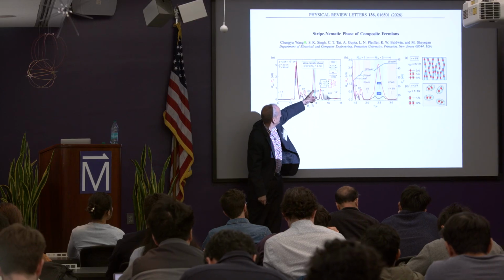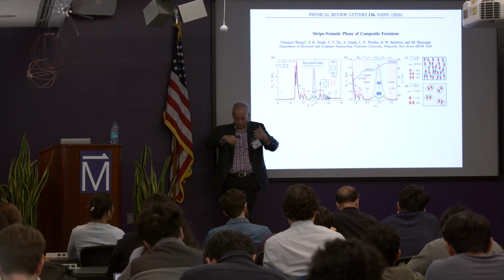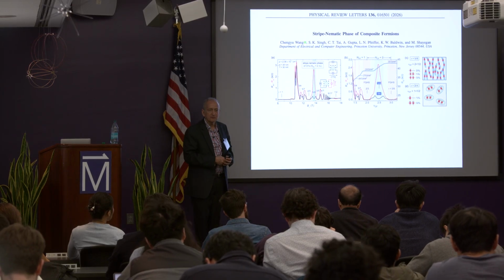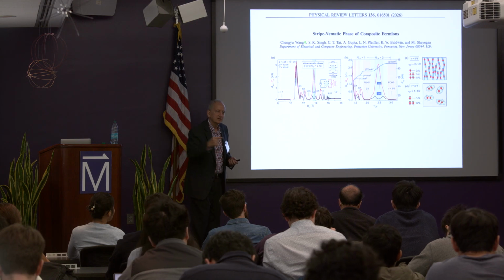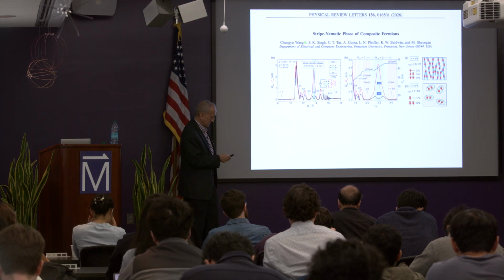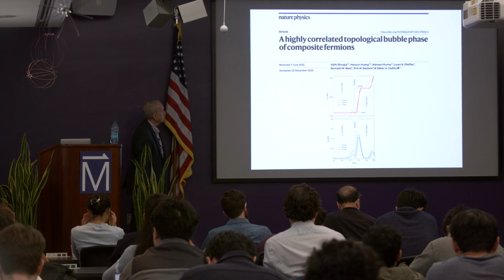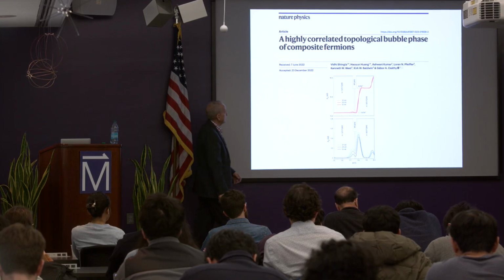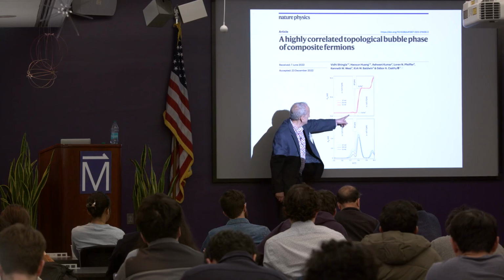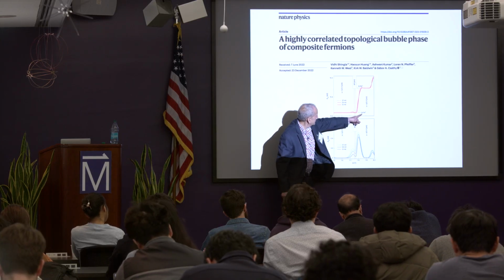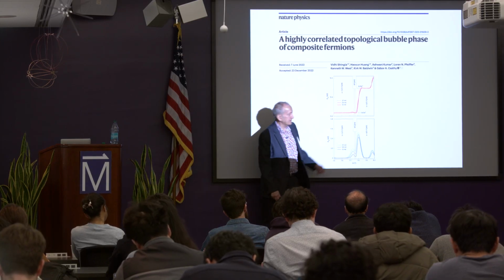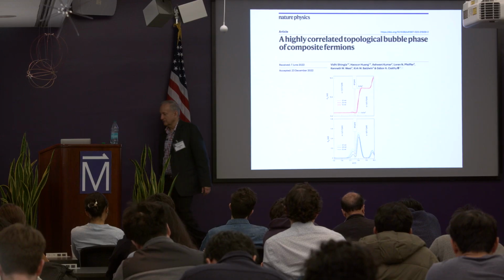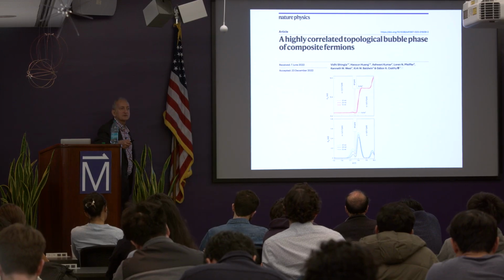There is this big anisotropy depending on whether you're flowing current in this direction or that direction. And there has been a reentrant transition seen at 3/5, or 5/3. That is interpreted in terms of this bubble.